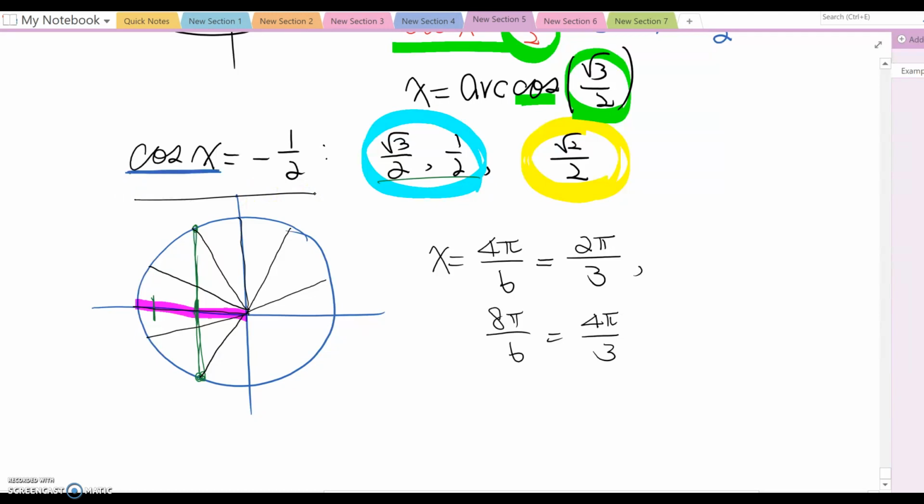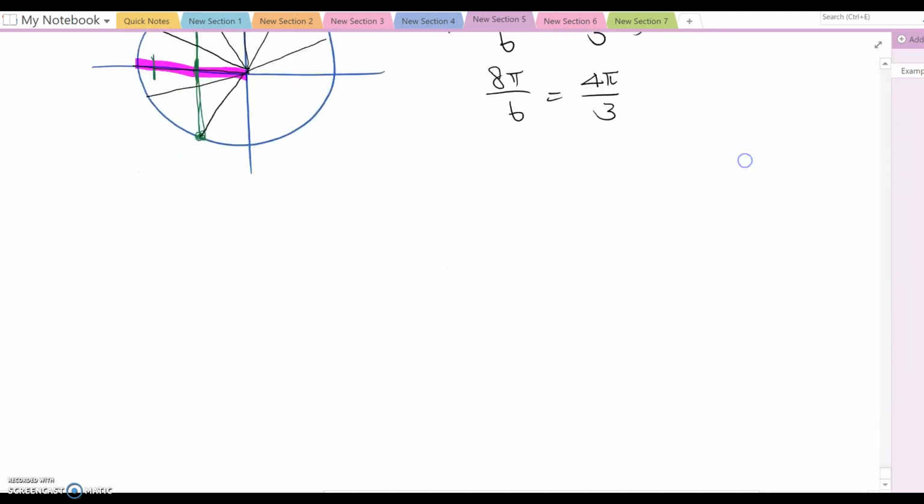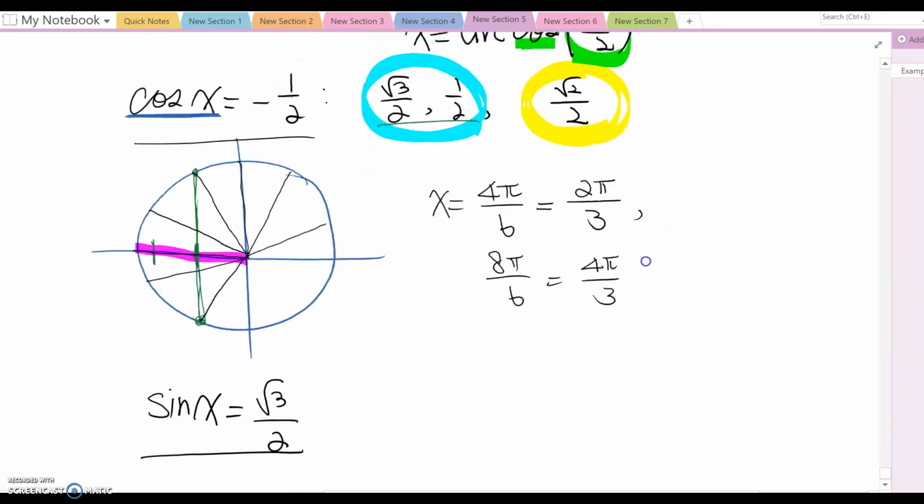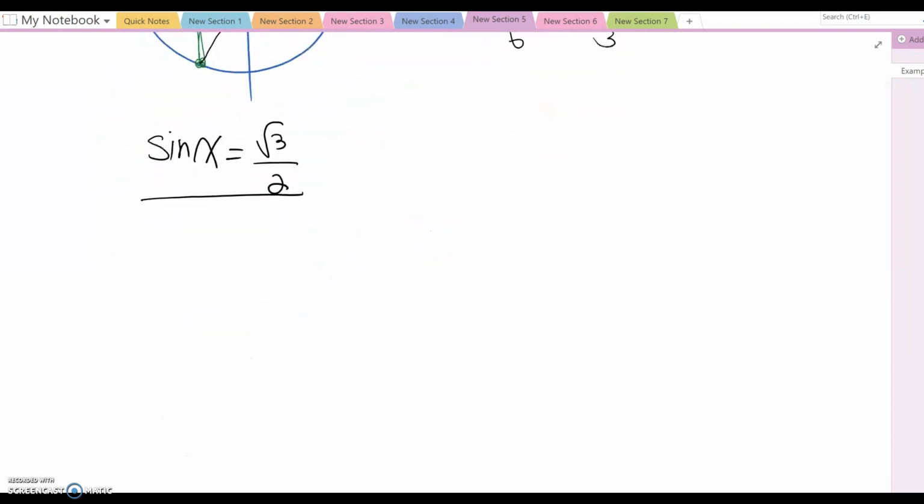Okay, so let's do one more. Sine x equals root 3 over 2. So this is one of those major three angle values. This one also you can find from the unit circle, so I'm going to draw it.